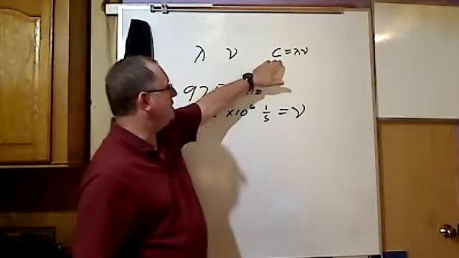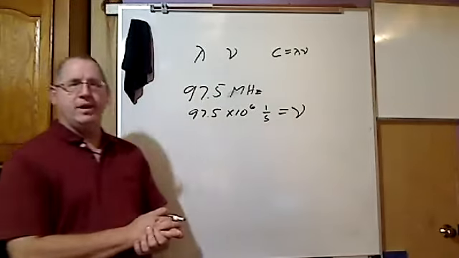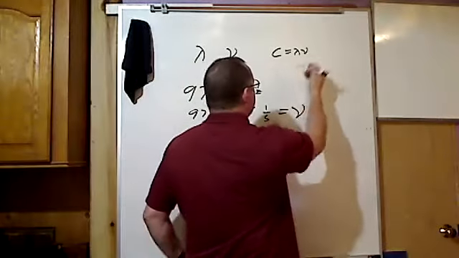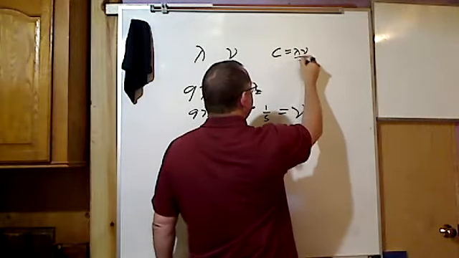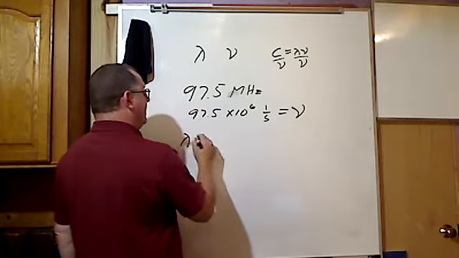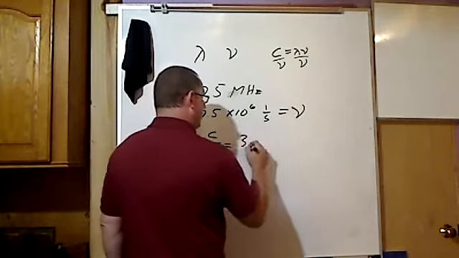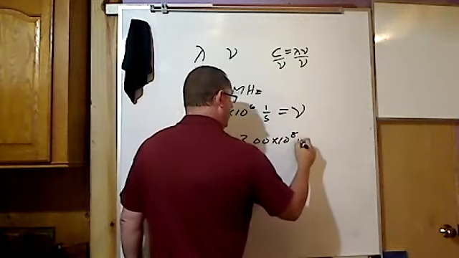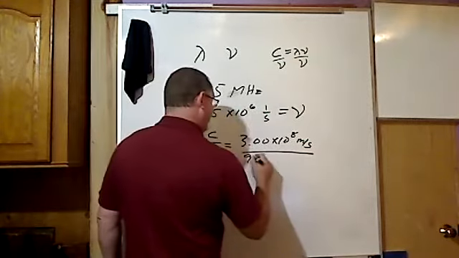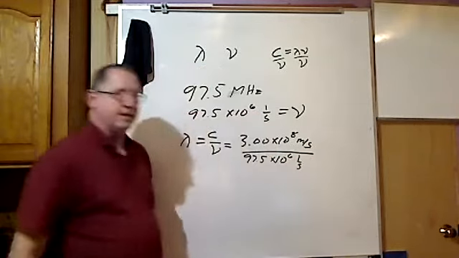Okay, so I know c, because I can look it up. Sometimes I know it. It's 2.998 times 10 to the 8th meters per second. I'm going to round it to 3.00 times 10 to the 8th meters per second. And if I solve this equation for my wavelength, all I got to do is divide by nu, and I know that my wavelength is going to be equal to c over nu, which is equal to 3.00 times 10 to the 8th meters per second divided by 97.5 times 10 to the 6th 1 over seconds.